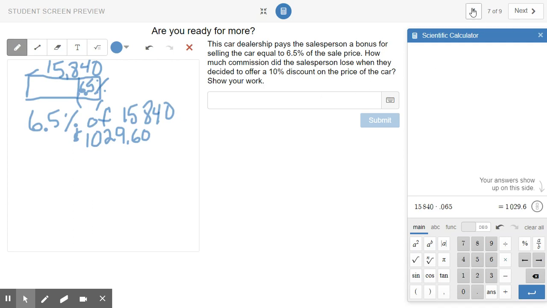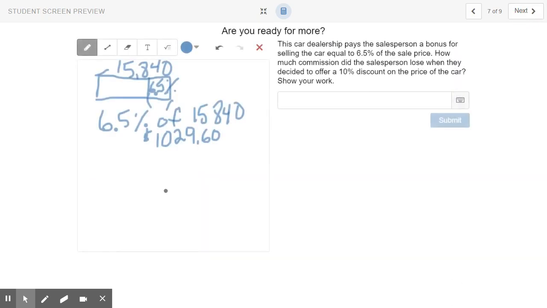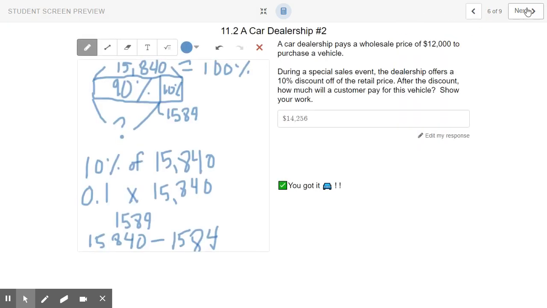I have to remind myself, here's the discounted price, right? The discounted price was $14,256. So now we're going to do the same thing and figure out how much they made on that. So it would be 6.5% still, right? Of 14,256.